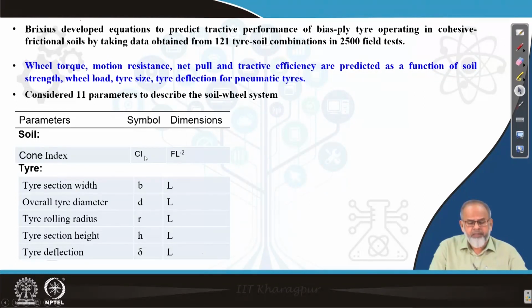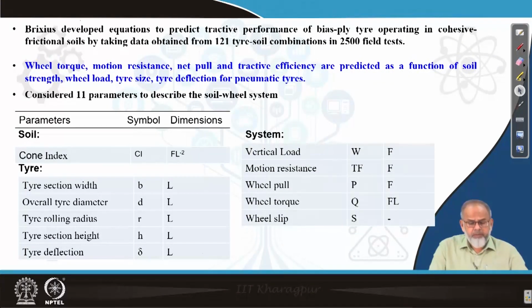Here I have indicated the symbols CI, B, D, R, H and delta and the dimensions. The system parameters are the vertical load which is coming on the wheel, then the motion resistance, towing force, wheel pull, wheel torque and wheel slip. So, these are the 11 parameters he identified.